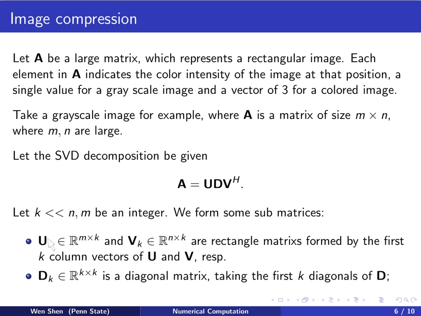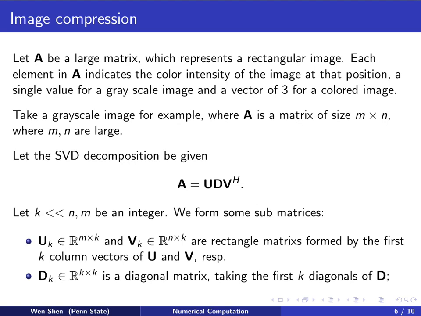We form a matrix U_K, which is m times K, and we form a matrix V_K, which is of size n times K. These are rectangular matrices formed by taking the first K columns of the matrices U and V respectively.